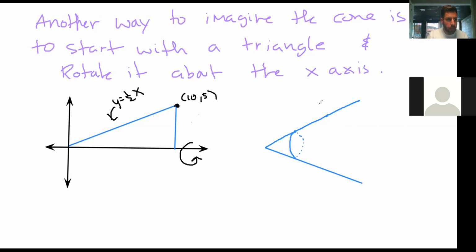If the point's here, it rotates down and around to the bottom and then back up through the other side. And this point rotates down to the bottom and then up to the other side. So I'm imagining this triangle rotating around and tracing out a cone in three-dimensional space.